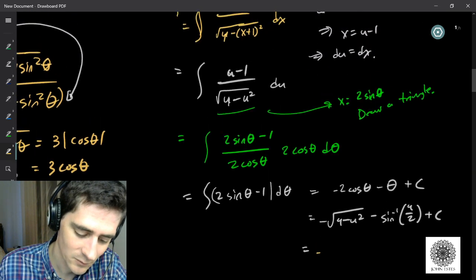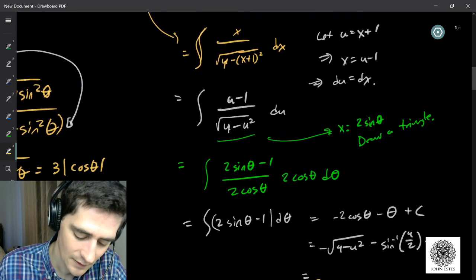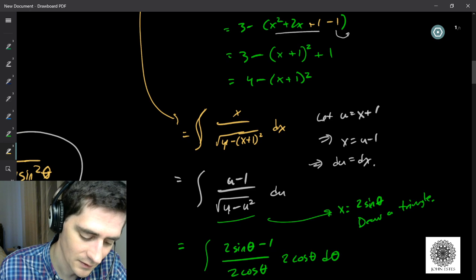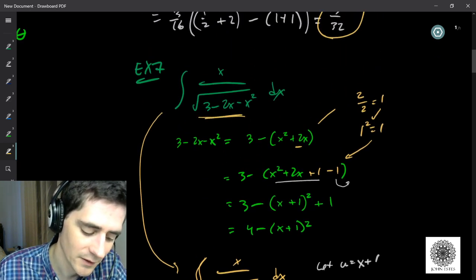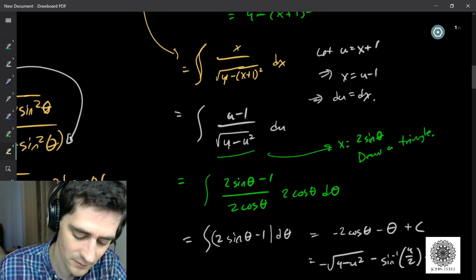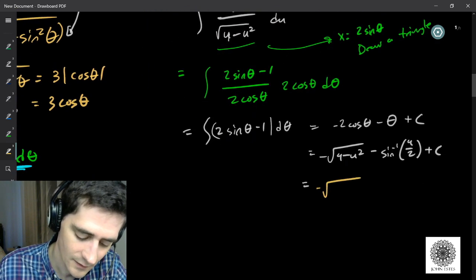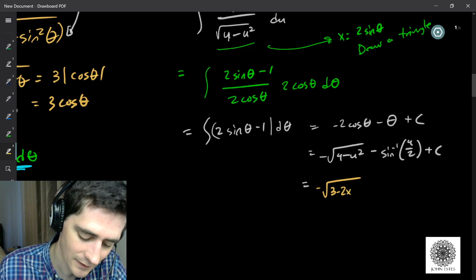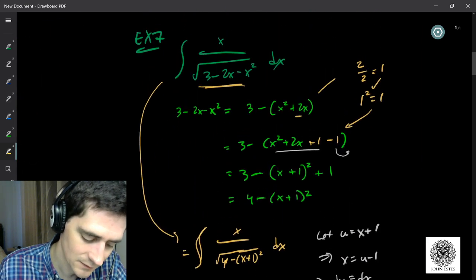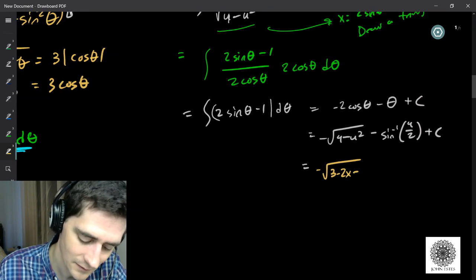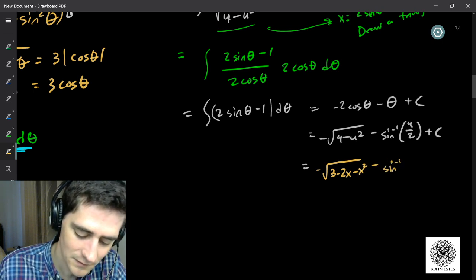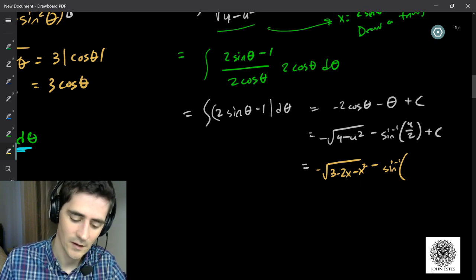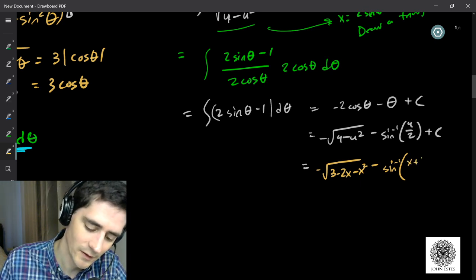Remember, x was what? u minus 1. And in fact, the 4 minus u squared was originally what was under my denominator here. So that's the square root of 3 minus 2x minus x squared, minus sine inverse of what my u was. u was x plus 1, over 2, plus c.